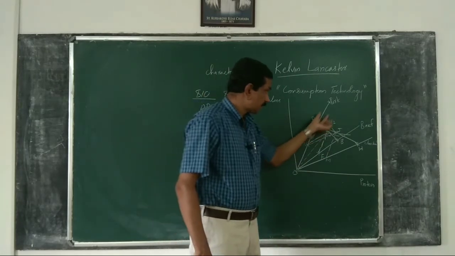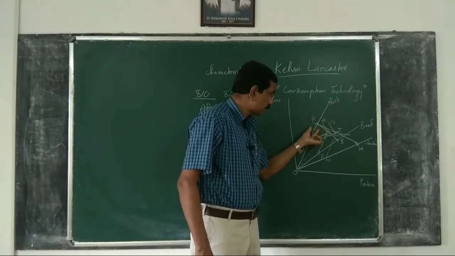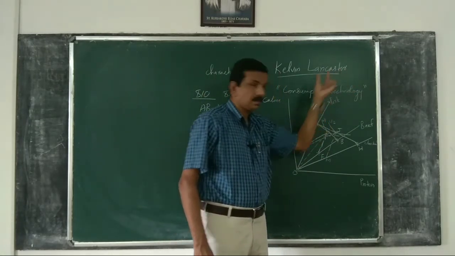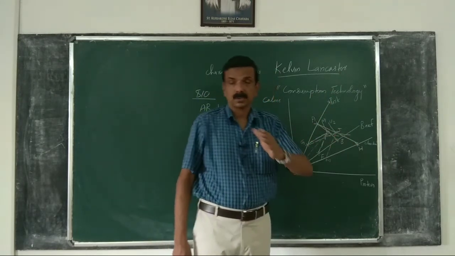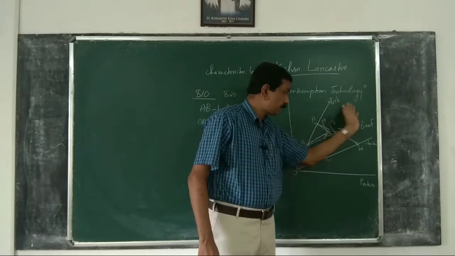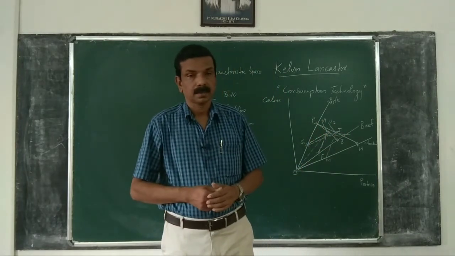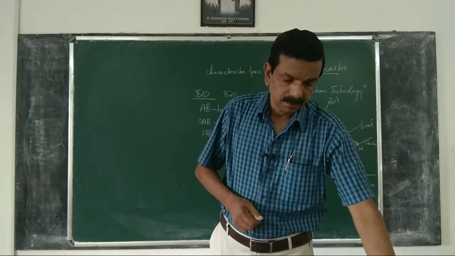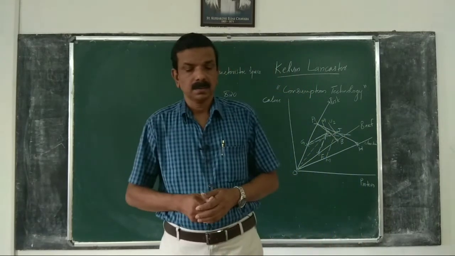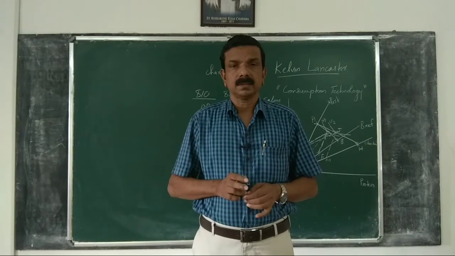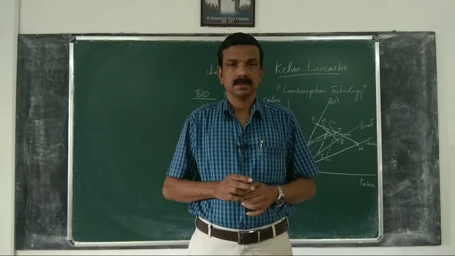So, reduction in price is shown as outward movement along the characteristics ray. Increase in income is shown as outward shift of the budget line. Now, this is the essence of the characteristics approach. Let us see what are the advantages of characteristics approach.